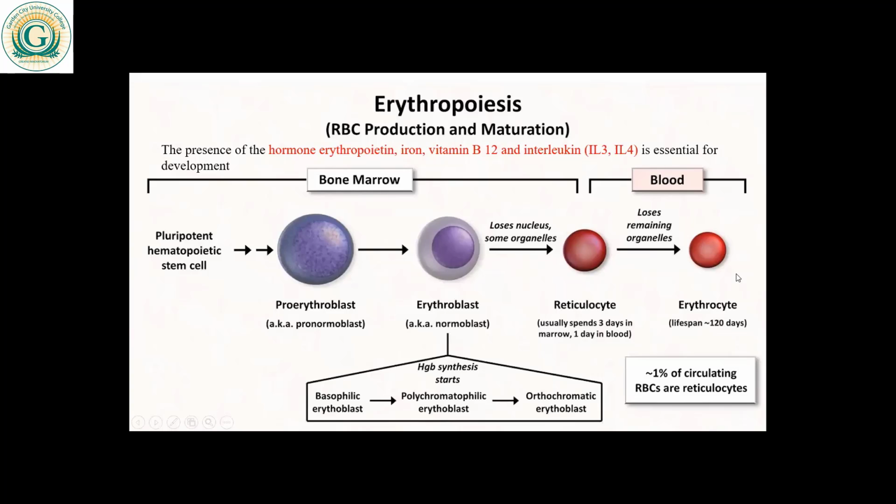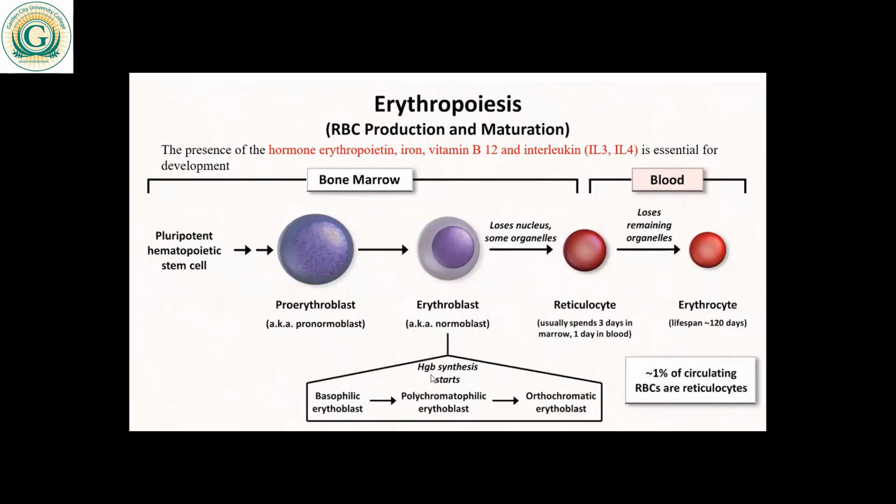The lifespan of red blood cells is 120 days. And therefore, when it gets to the 120 days, it moves back to the liver for breaking down of these red blood cells, and it triggers new formation of red blood cells. All right.